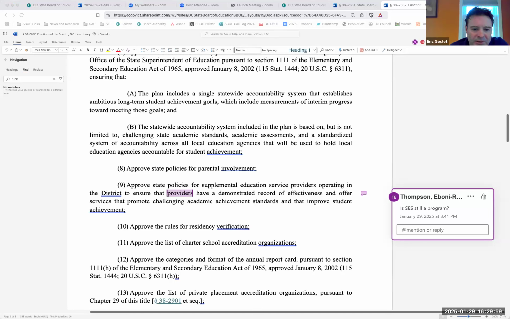Well, this is just saying the accreditation organization. So could it be that at one point we approved the organization that accredits charters, even though we don't directly approve the accreditation of the charters? Do we approve the entities that do accredit them? Right, like Middle States or the other groups that do it.